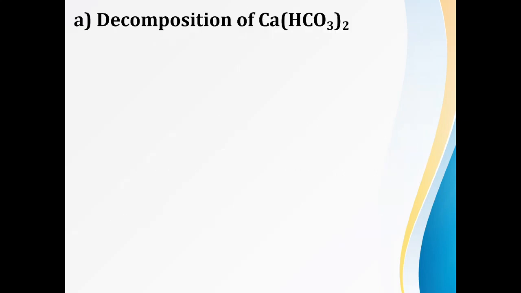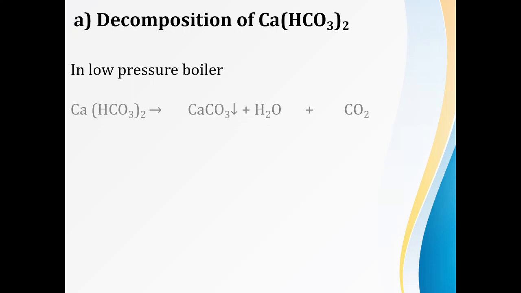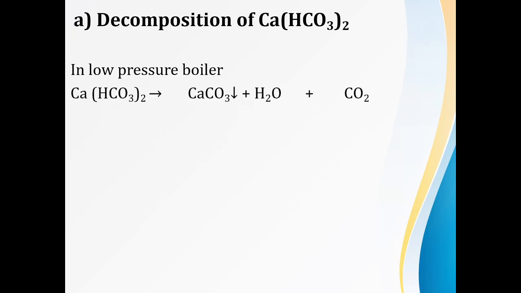So which are the salts responsible for sludge formation? First one is Ca(HCO3)2, means calcium bicarbonate. What happens exactly when we boil water and that water contains calcium bicarbonate? There are two different types of boiler. One is the low pressure boiler and the other is the high pressure boiler. In a low pressure boiler, this calcium bicarbonate converts into CaCO3.